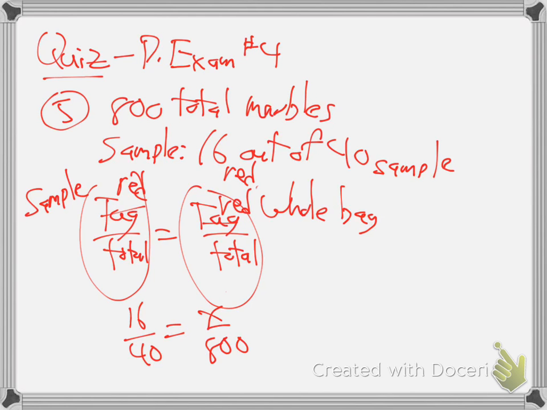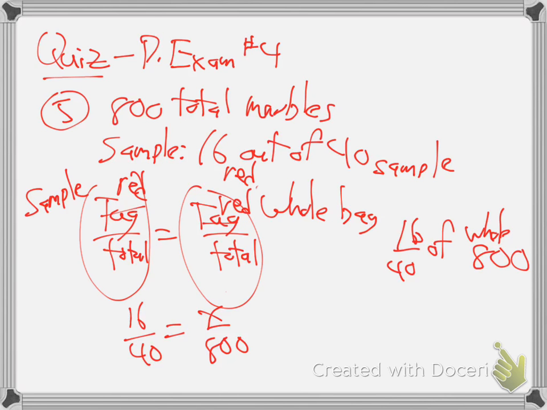If you want to just think that way logically, you could think, look, 16/40ths of the whole 800 is probably red, because 16/40ths of my little sample was red. So it seems reasonable to assume that the same portion of the whole bag would be red.